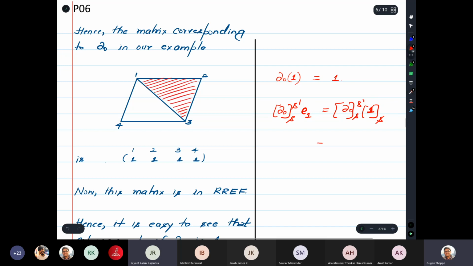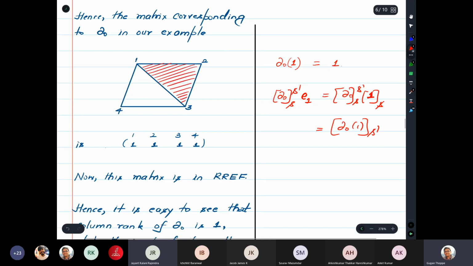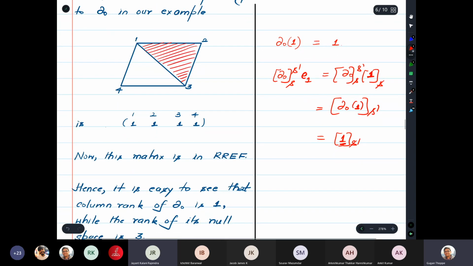And this now equals Daba 0 of 1, and we have to find its representation with respect to S prime. Now Daba 0 of 1, because 1 is a 0 chain with the cardinality of the support being odd, it follows that Daba 0 of 1 is 1. And now we have to find the coordinates of 1 with respect to S prime. However, C minus 1 is Z2, and the basis for Z2 is precisely 1.